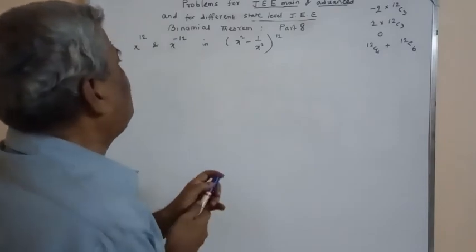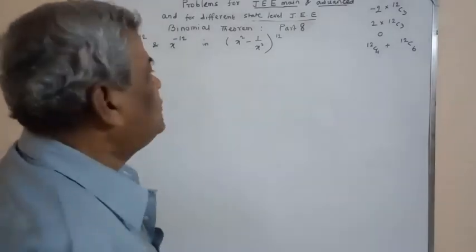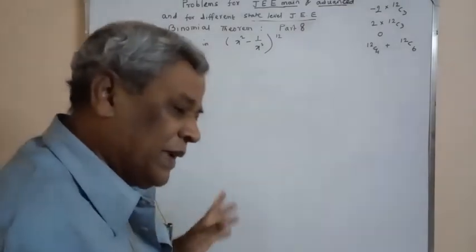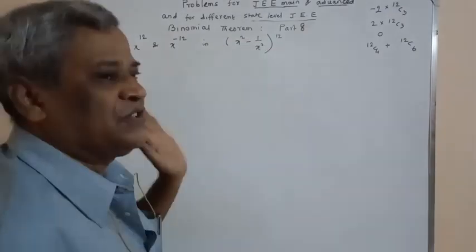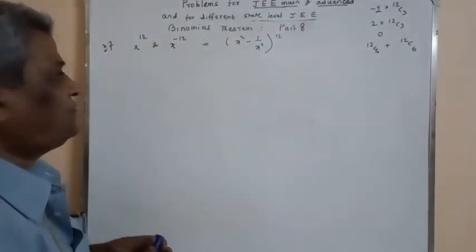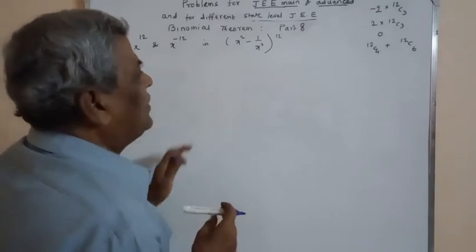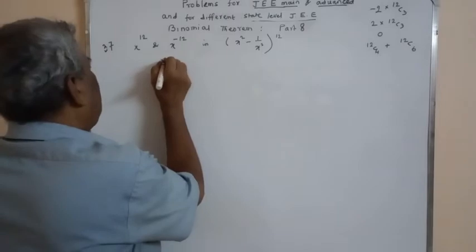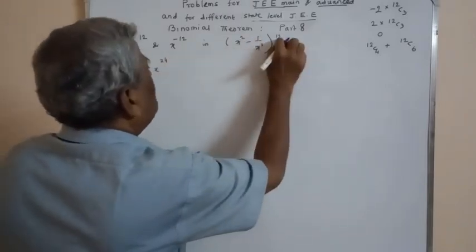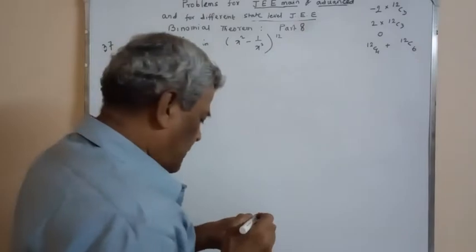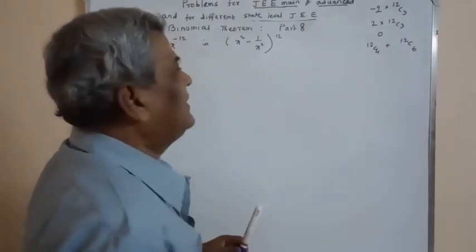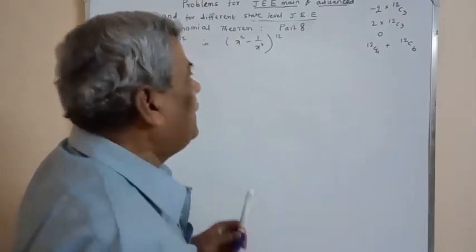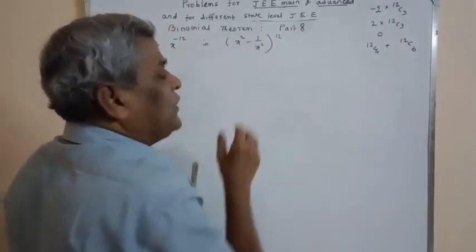Now the question is, we have to find the sum of coefficient of x to the power 12 and x to the power -12 in that expansion. So you see, first term will contain x to the power 24, because (x²) to the power 12 is x to the power 24. After that, in all subsequent terms, the power of x will be decreased by 2 plus 2, that is 4.